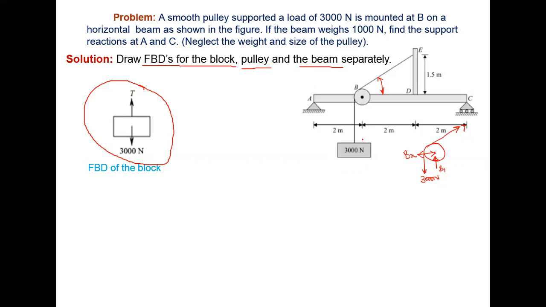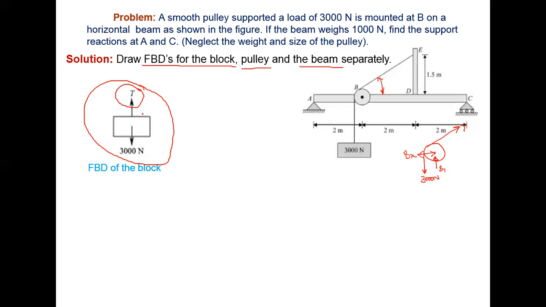You can see that this block is hanging with the help of a rope. That means this rope is applying some tension. So this is the tension T acting along the rope, and there is also a force due to gravitation that is 3000 Newton. Okay, so T upward, 3000 Newton downward.